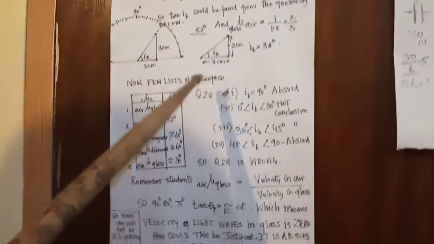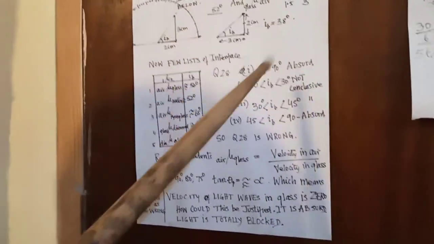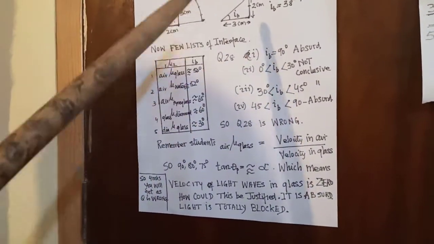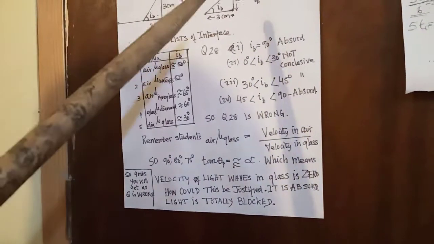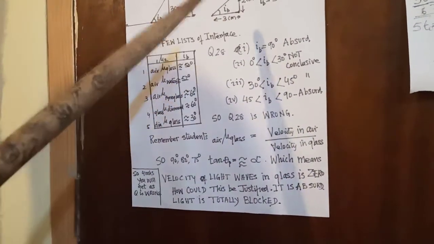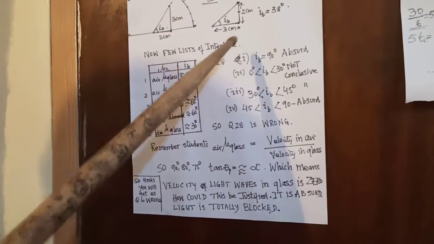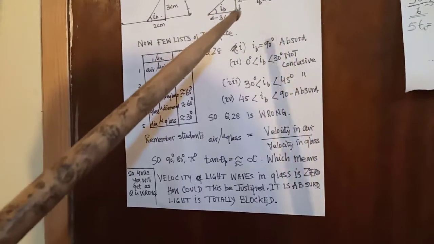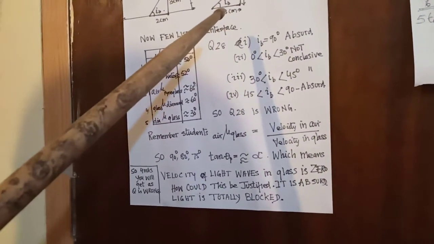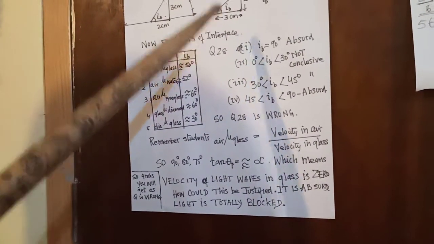So when there are 2 interfaces, that angle will give a polarized reflected ray, and that is the condition to have a polarized reflected ray, and that angle is known as Brewster angle.